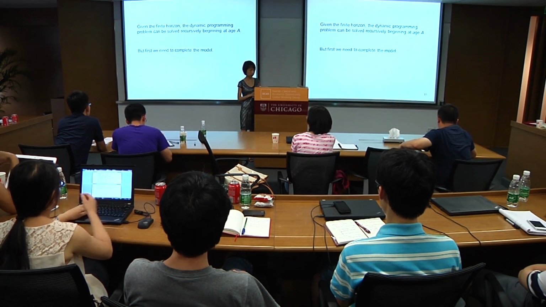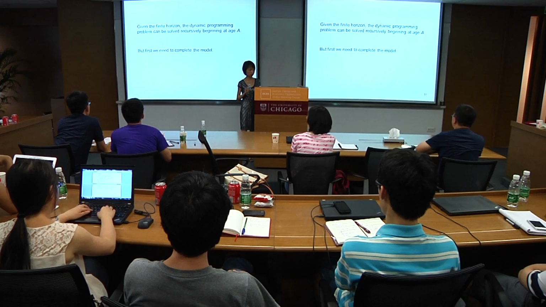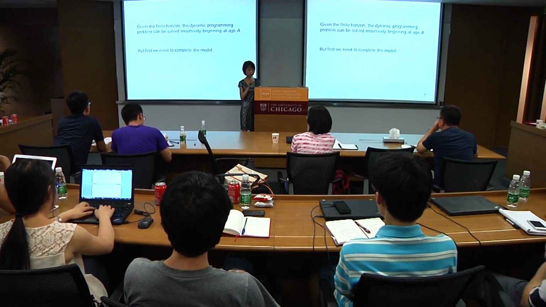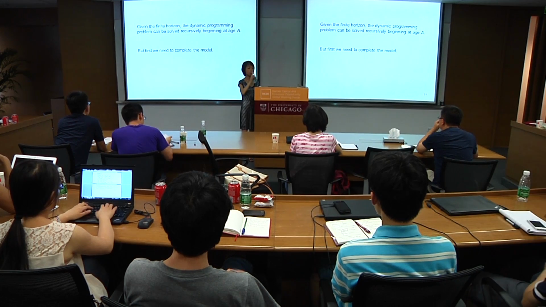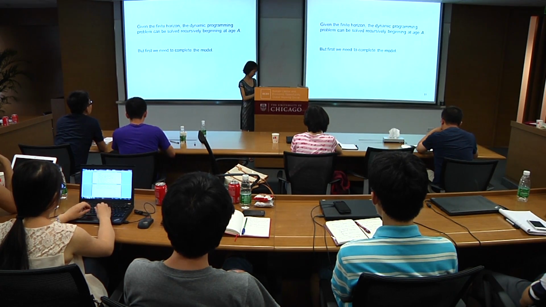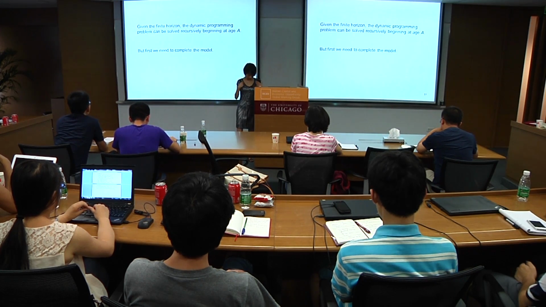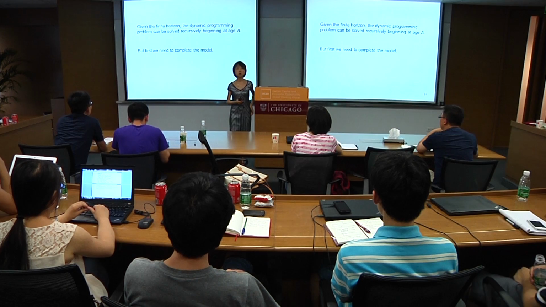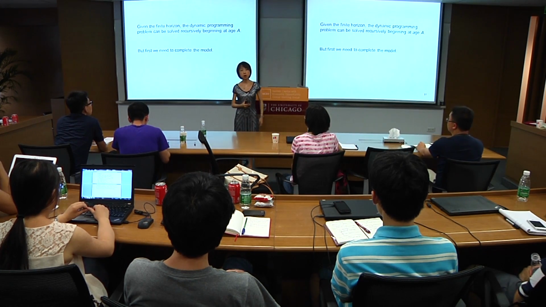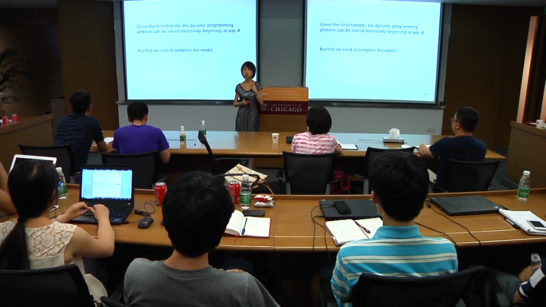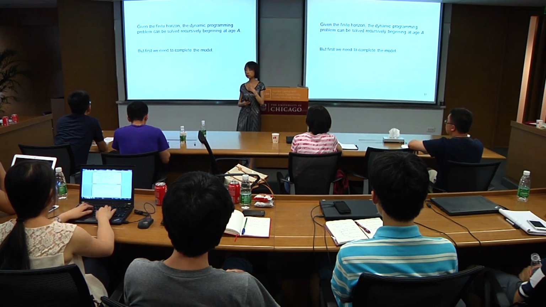So take a look at what you have written down. Tell me what's not specified yet. We have already specified how the wage would evolve over time, and we have the utility function.